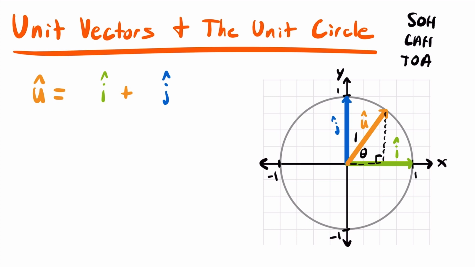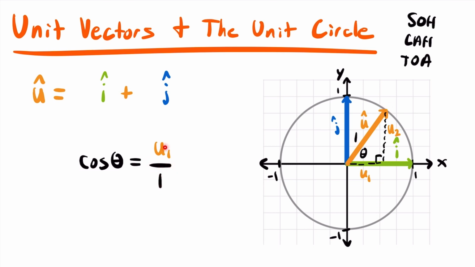So if we want to figure out what the adjacent side is, we could write the following equation: cosine theta would be equal to the adjacent side divided by the hypotenuse, which is 1. So I'm just going to represent our adjacent side with u1, and then the opposite side, or the y measurement, would be u2. But anyway, we would have that adjacent side u1 divided by the hypotenuse, which is a measurement of 1. Our unit vector has a length of 1.